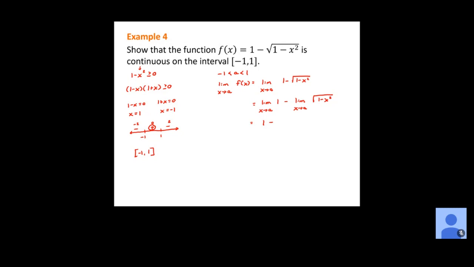All right, can I do anything with that other limit now? So if we have a square root inside of a limit, what are we allowed to do?